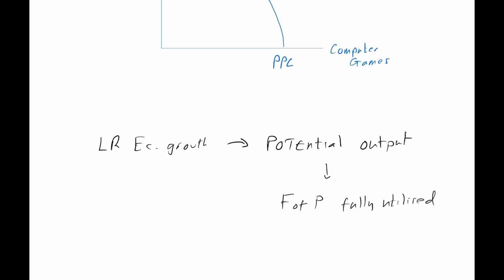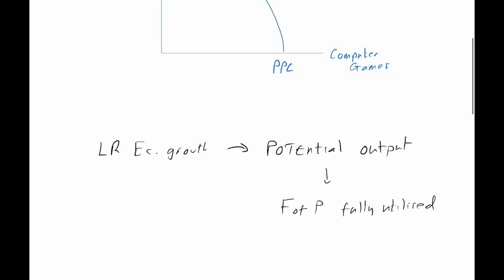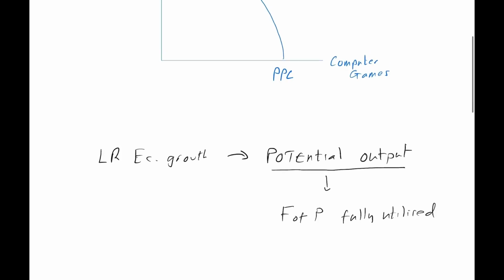So if an economy fully utilized all of the available factors of production, then that will give us the potential output. And if there was an increase in the potential output, that means long-run economic growth occurs, okay?